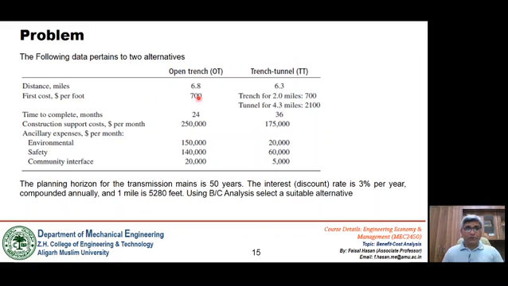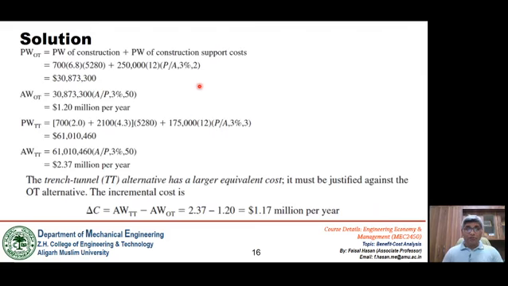So we multiply 700 by 5280 and then by 6.8. This will be the total present cost of the construction. This is already the present cost, so no conversion is needed.